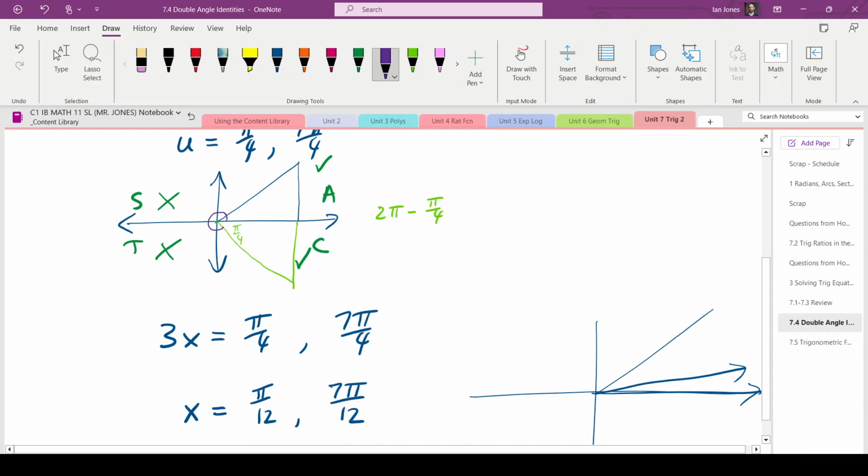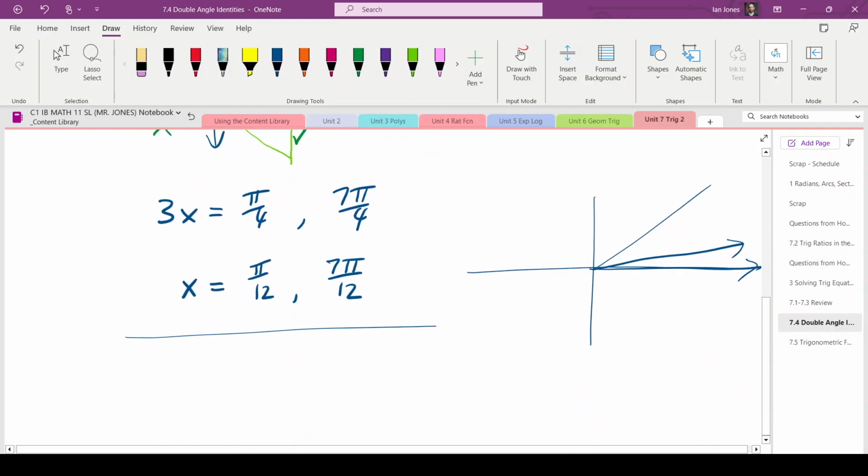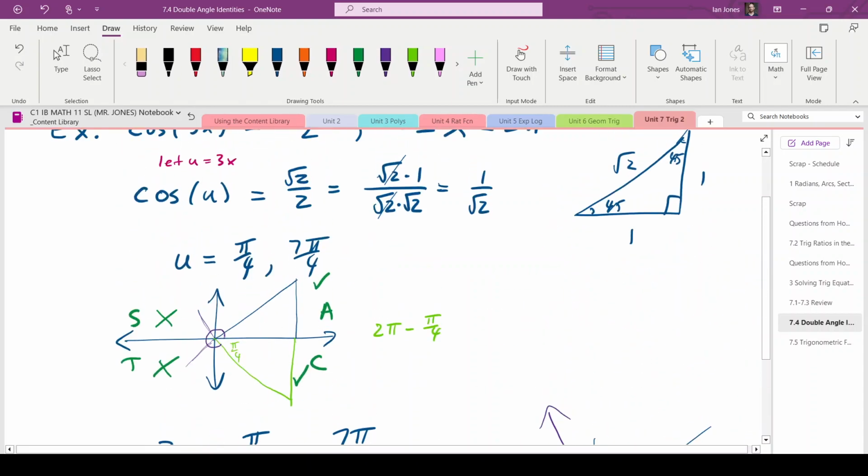But then divided by 3, well, roughly it's something like that. Okay? So the problem is we haven't actually gotten all the solutions in a full circle.